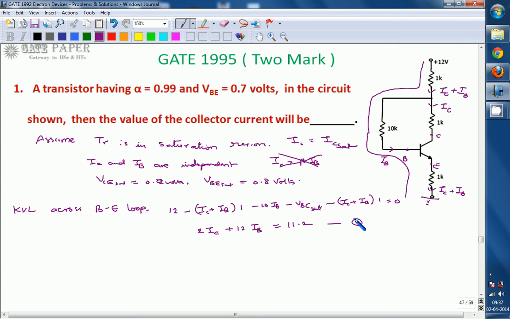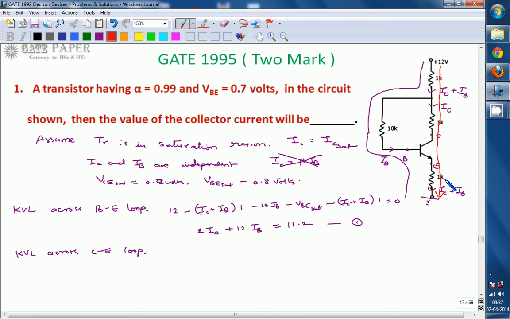Next, KVL across the collector emitter loop, Kirchhoff's voltage law. This is the loop we are going with. From 12 volts we go through the 1 kilo ohm, next this 1 kilo ohm, next VCE, next 1 kilo ohm towards ground.